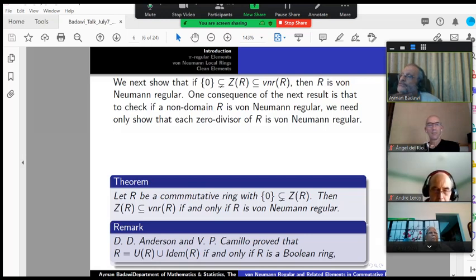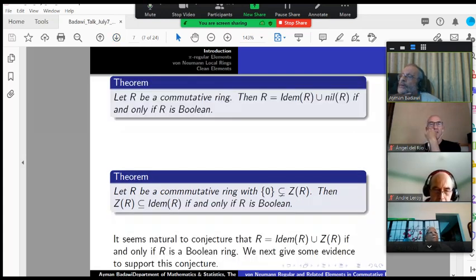Look at this result. Let R be a commutative ring. Then R will be equal to the set of all idempotents union the set of all nilpotents if and only if R is Boolean.